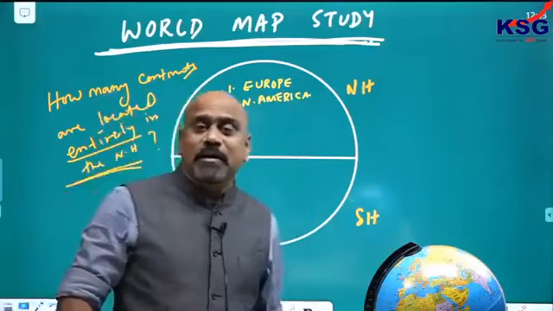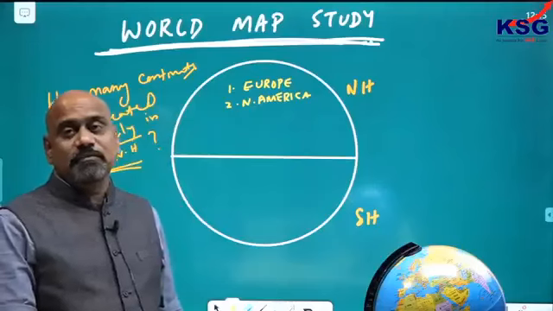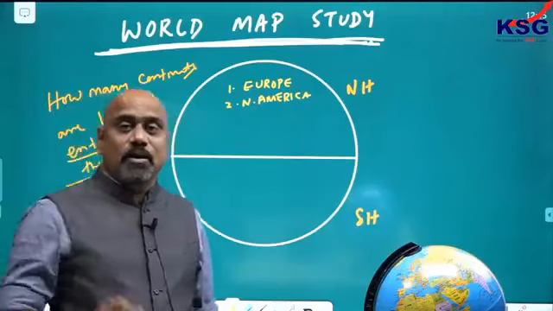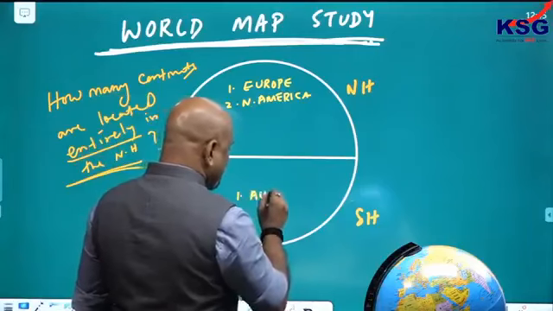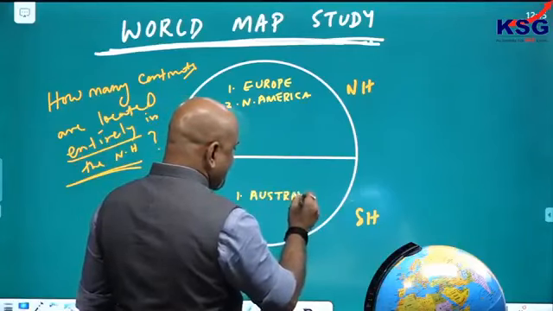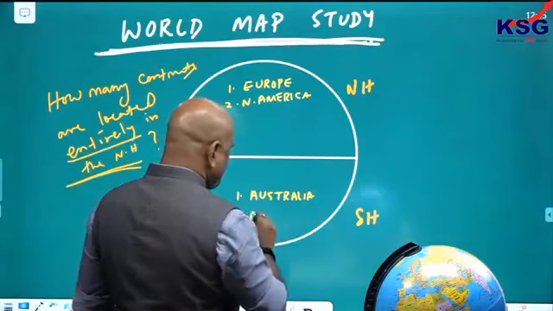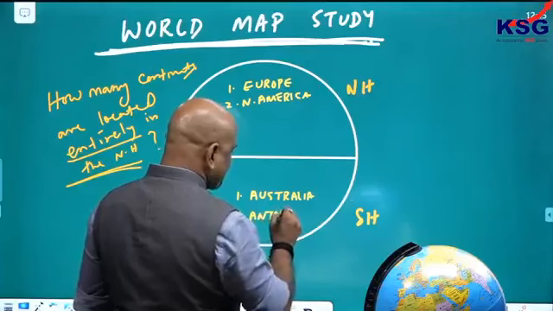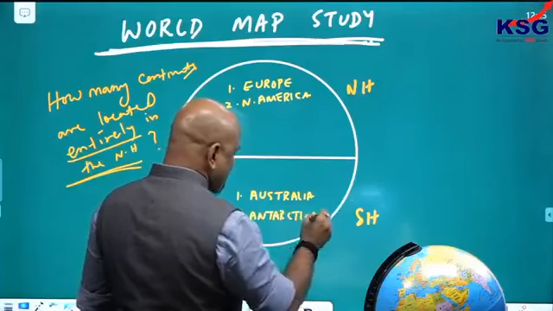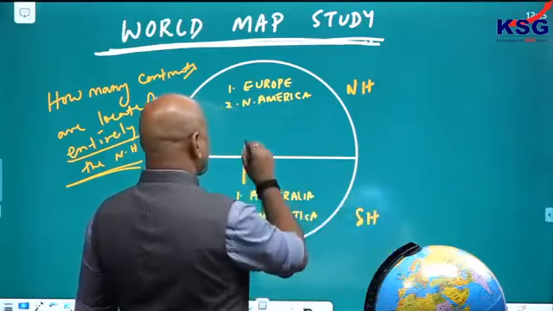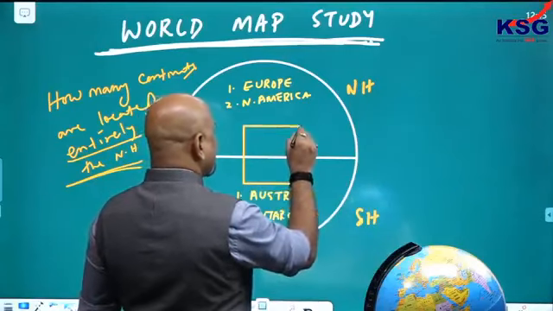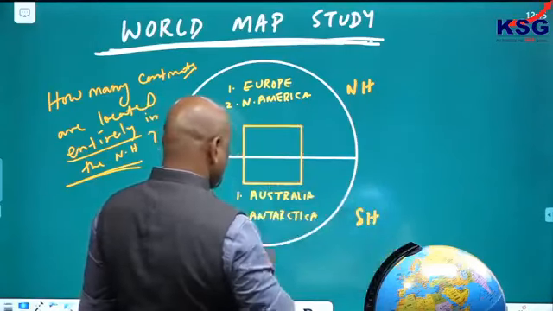How many are there entirely in the southern hemisphere? Continents entirely in the southern hemisphere are 2, Australia and Antarctica. Continents which are in both the hemispheres, what are those continents?